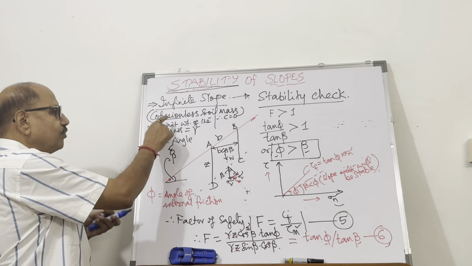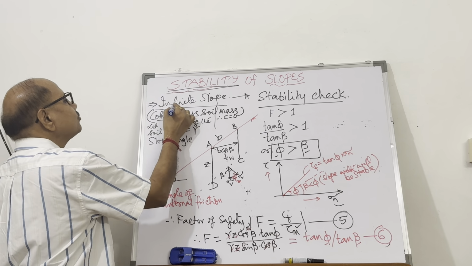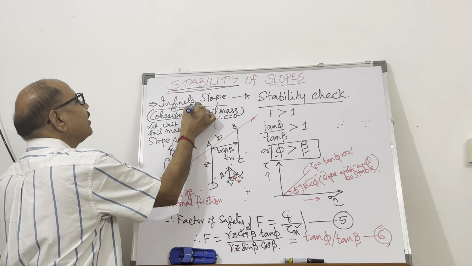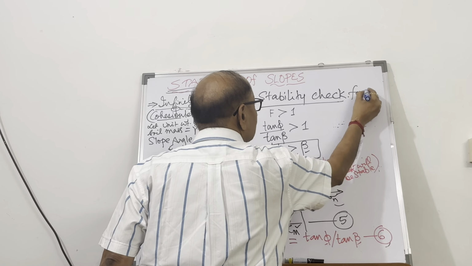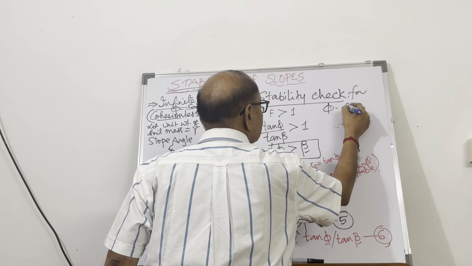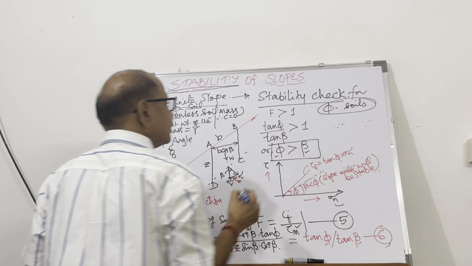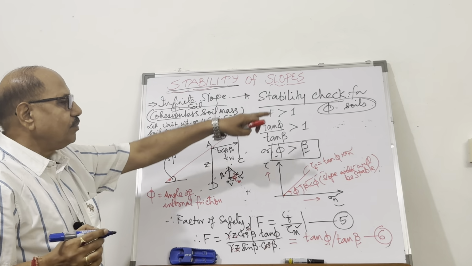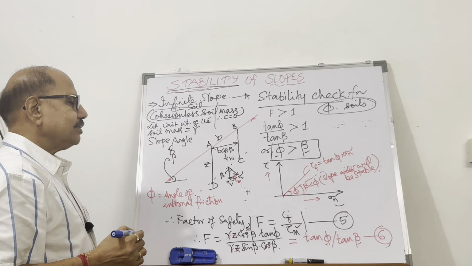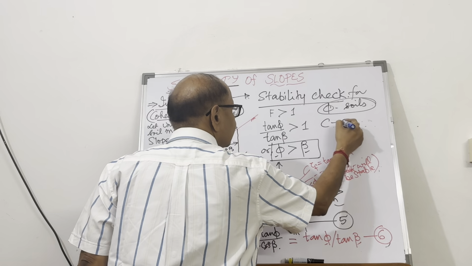So this was for phi soil. Cohesionless soil is also known as phi soil. So today we have done stability checks for phi soils. So stability checks of infinite slope made of phi soils. In the next video, we will go for C phi soils.